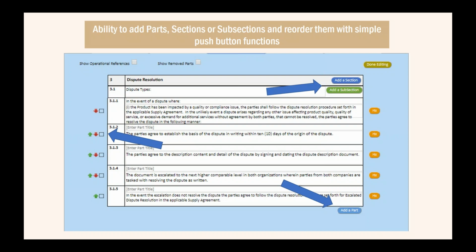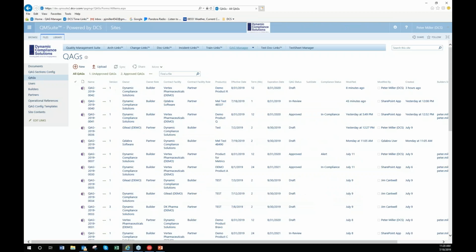So I'm going to switch over to the actual page, and hopefully this is not too small for people to see, but what you're seeing here is the SharePoint library where we maintain all these agreements. So the data that is here is information that's put into the form and then pushed back to this library.